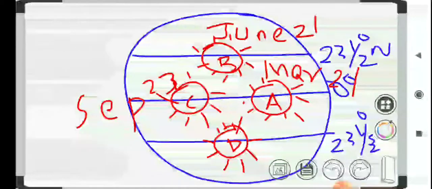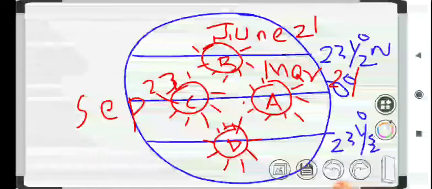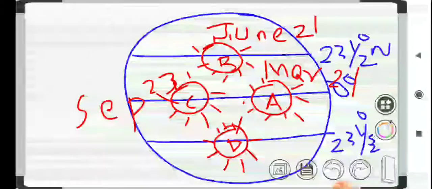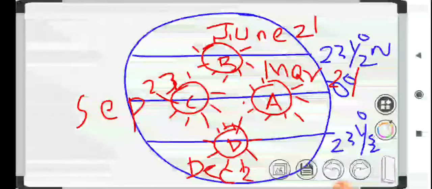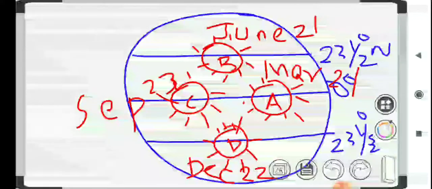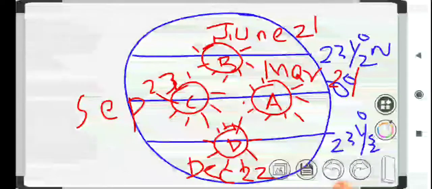When the sun is directly above the Tropic of Capricorn, on December 22, what happens? Longest day and shortest night in the southern hemisphere. Is it clear? March 21 and September 23 are called equinox. June 21 is called summer solstice and December 22 is called winter solstice.